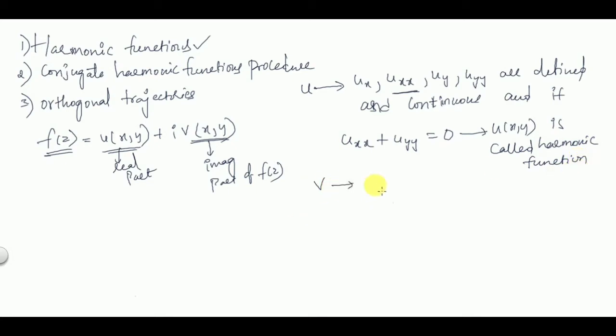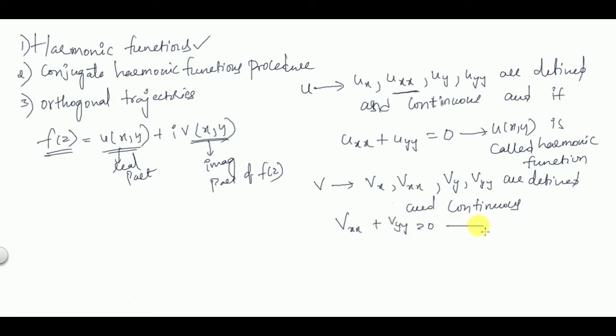Similarly, if you are given v, and vx, vxx, vy, vyy are defined and continuous, then if vxx plus vyy is equal to 0, v of x comma y is called a harmonic function.